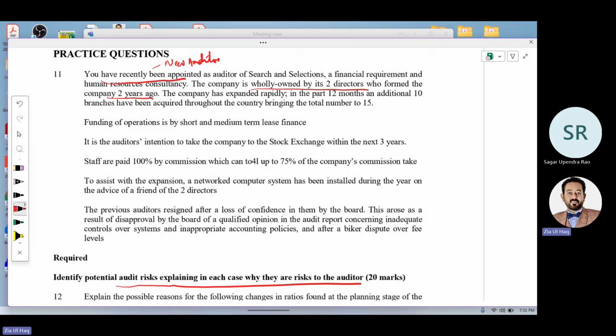So there are chances of overtrading, and due to this, the company may not be able to recover amounts from the debtors. Overtrading will result in bad debts.